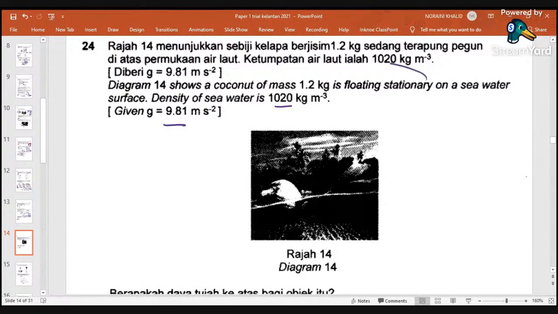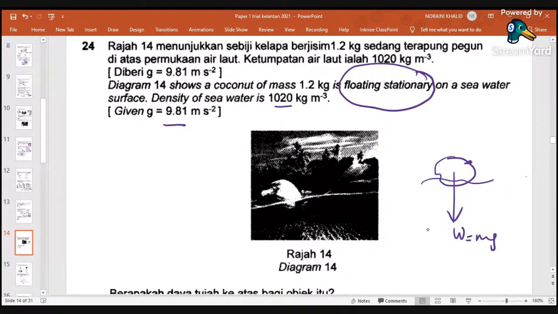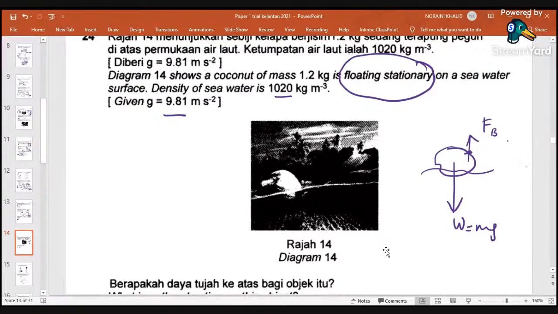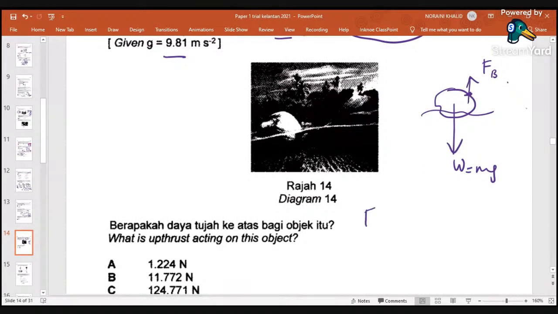Floating stationary means, if you draw, let's say this is the coconut, there is a weight of the coconut downward, mg, and of course there is a buoyant force. These are balanced because it floats stationary. So in this case, buoyant force equals the weight of the coconut.